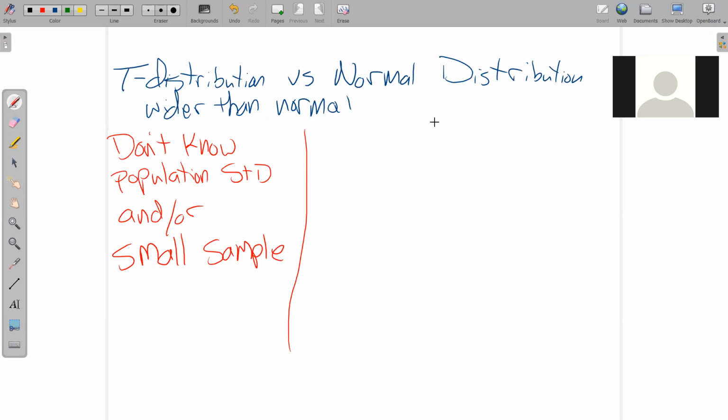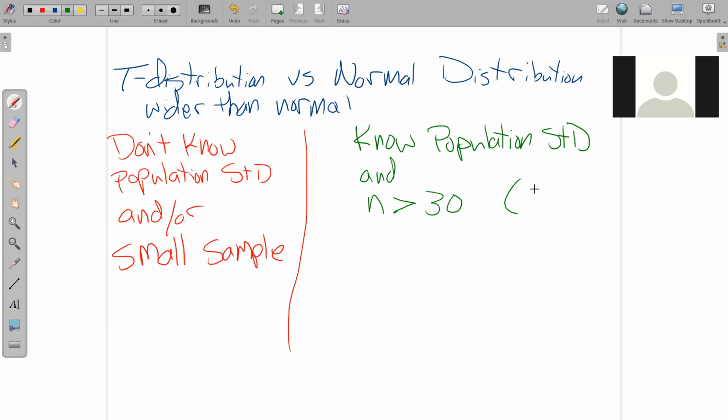A couple of instances where we use a normal distribution are if we do know the population standard deviation, so if it's clearly given as some bit of knowledge. We would use the normal, and we would also want the sample size to be greater than 30, is what the central limit theorem states.